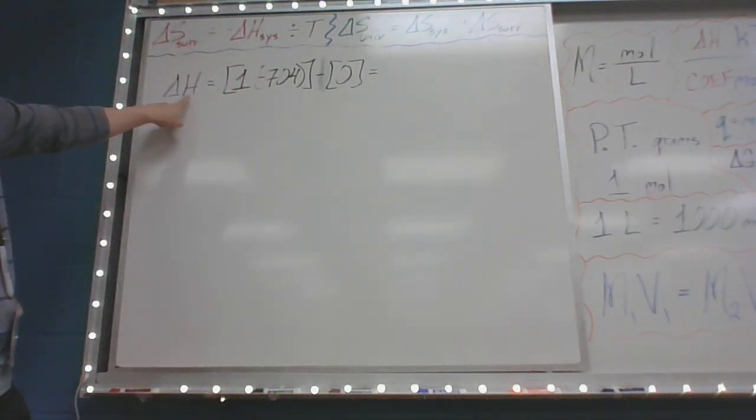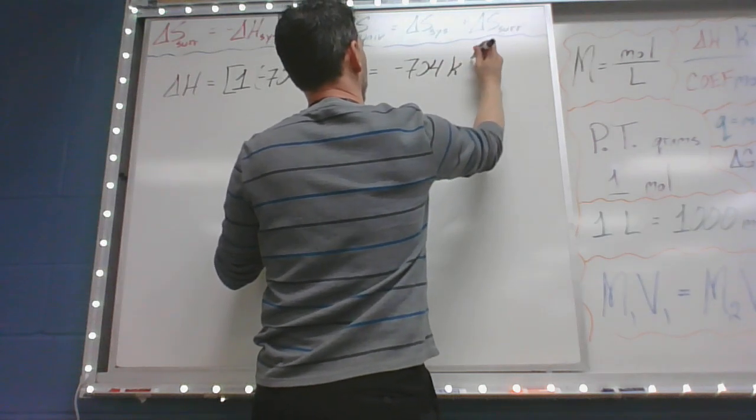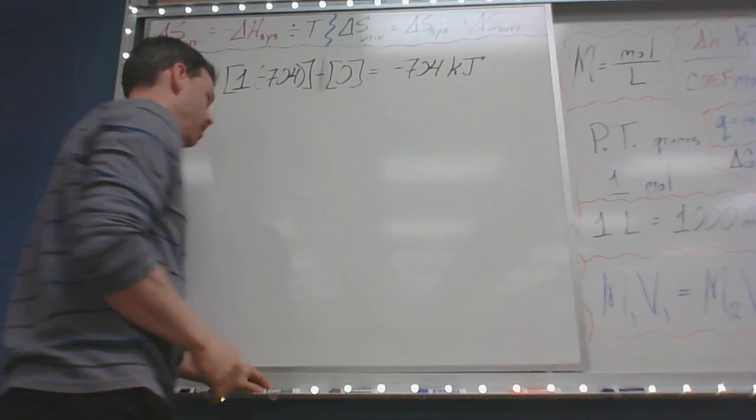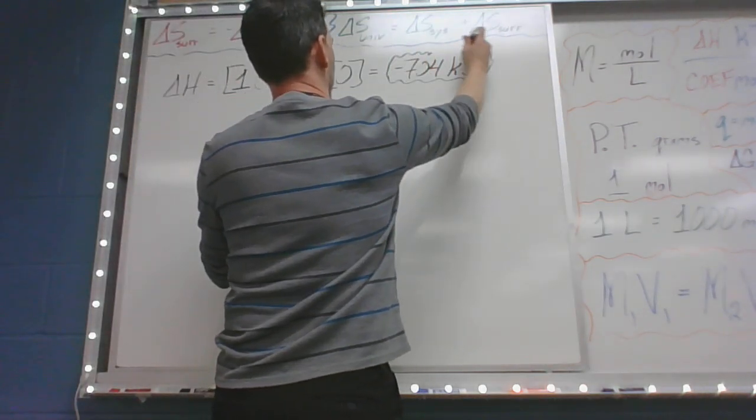So hooray, the delta H being negative 704 was very easy to find. All right, so here's one of our happy little variables that we're going to need.